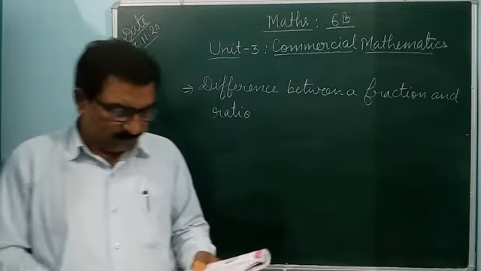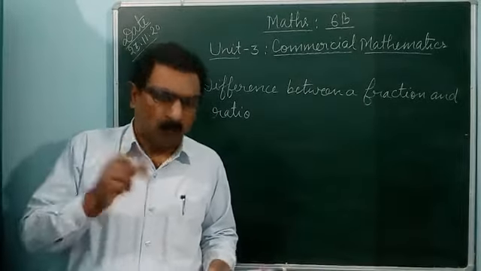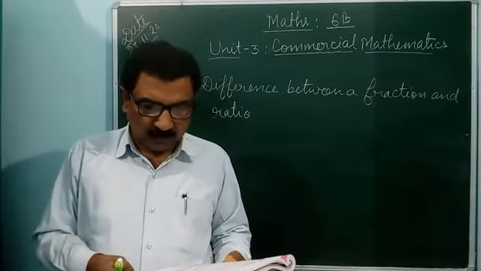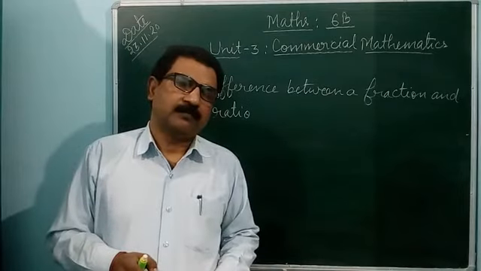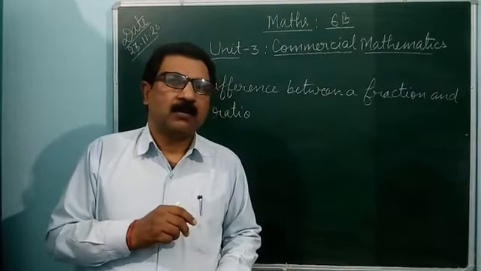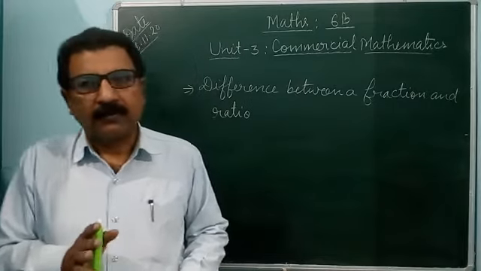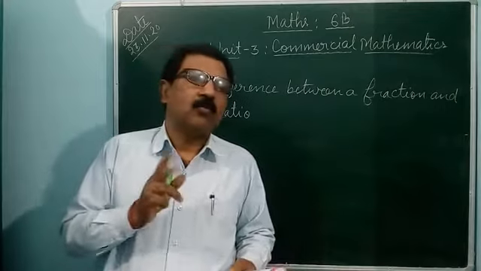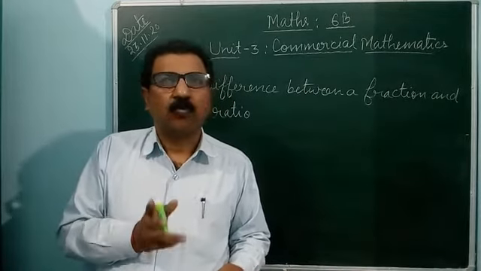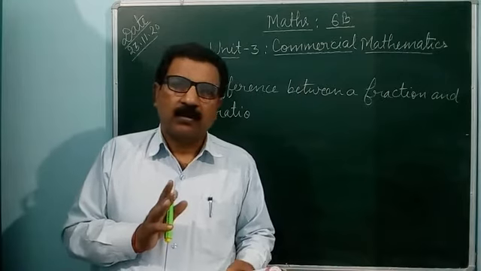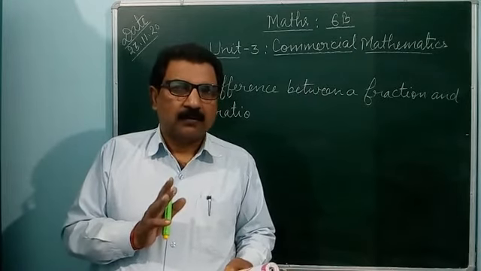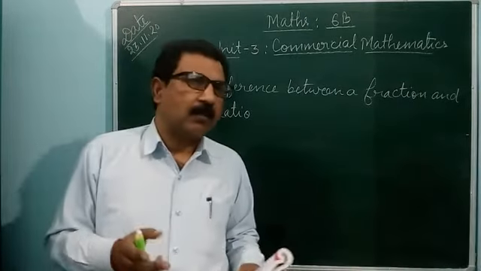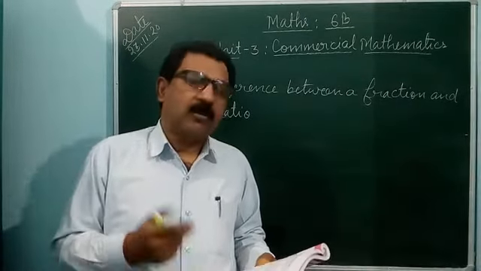So basically a ratio is the comparison of two quantities using division, while the fraction is used to denote equal parts of a whole. Means understand, ratio deals with the comparison of two quantities by the division method, and fraction is used to denote equal parts of the whole.